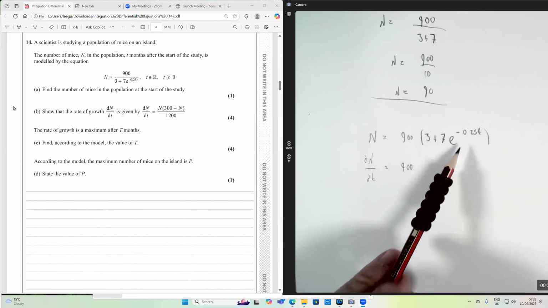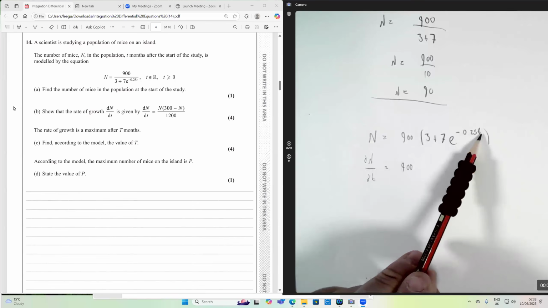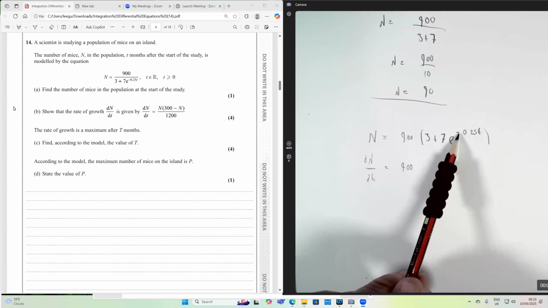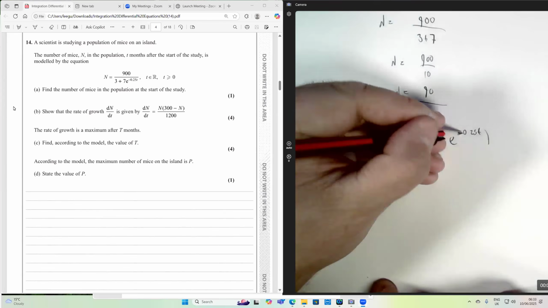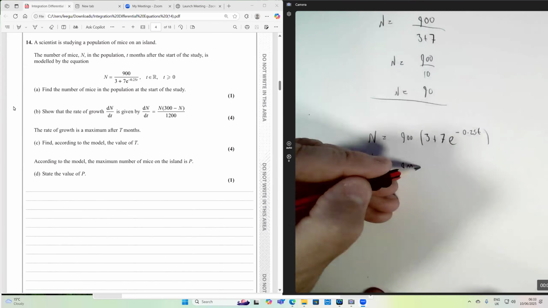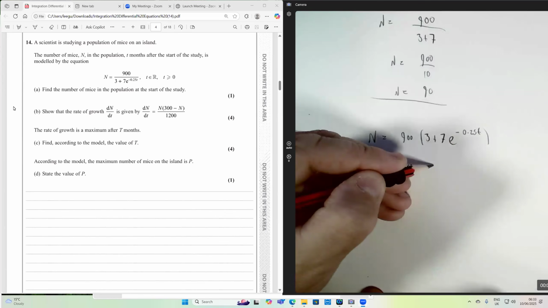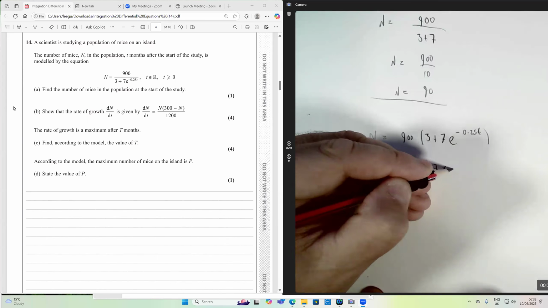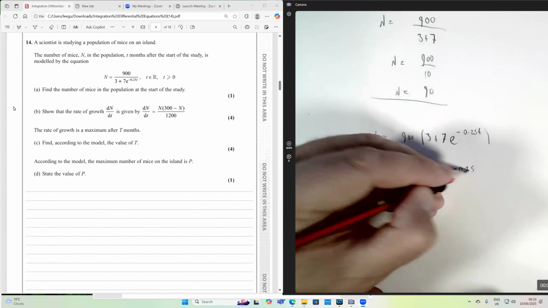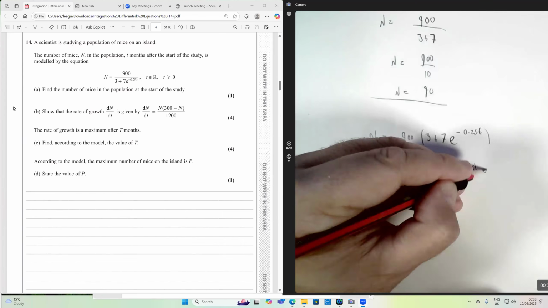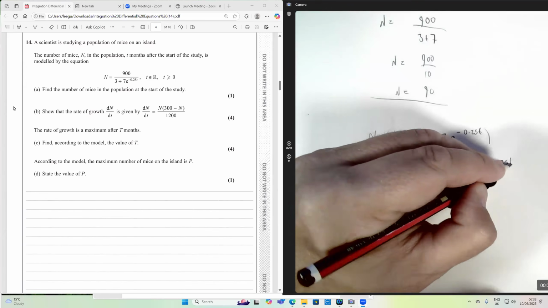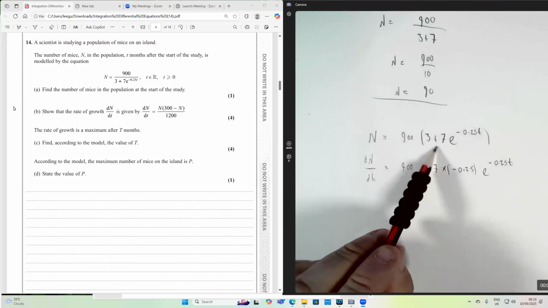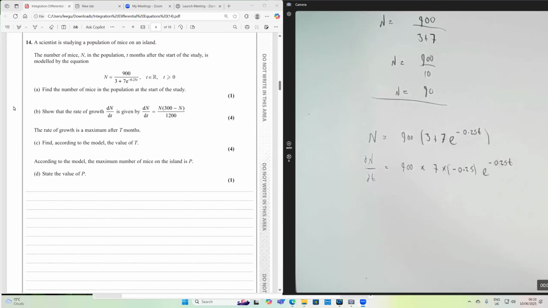We're going to have the e to the minus 0.25t. This, when we differentiate it, is going to be multiplied by minus 0.25. So we're going to have 900 times by 7 times by minus 0.25, and then times by e to the minus 0.25t. So what's happened is the constants remain there and that power's come down.